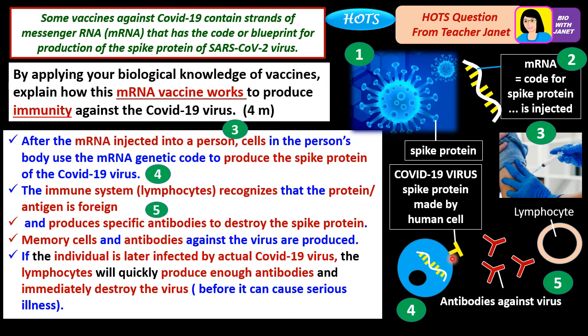It's sort of like a process that just automatically occurs because there's mRNA inside there with the instructions to make this protein, right? So the spike protein will be produced on the human cell.